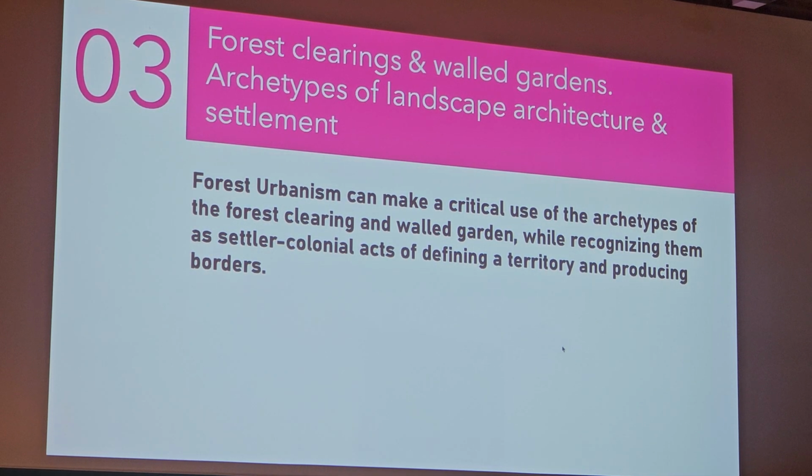One is to make a clearing in the forest, or to make a walled garden. So those are two types. And often we make hybrids of those, but he claims, and if you talk to many landscape architects, they agree, that these are archetypes. You can reduce a lot of projects to one of those two things, or the hybridization of them.